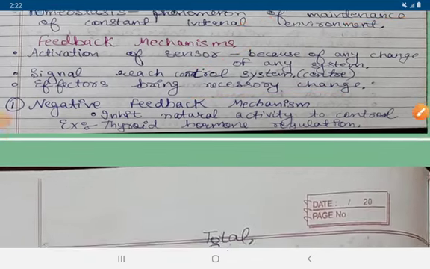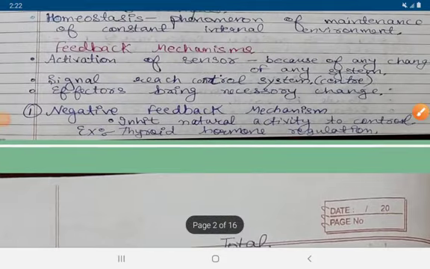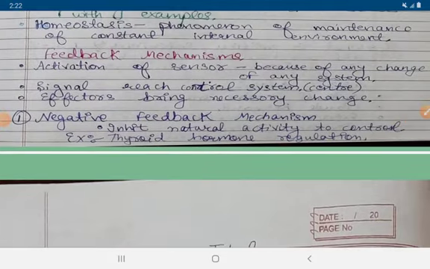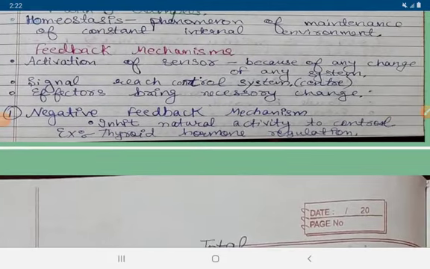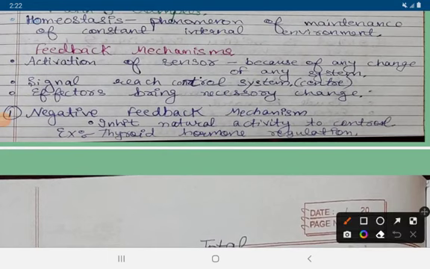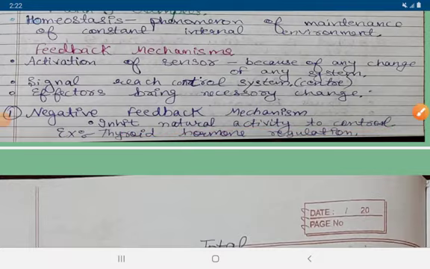Firstly, there is negative feedback mechanism. In negative feedback, a change in homeostasis causes inhibition of the natural activity to bring the change under control. An example is thyroid hormone regulation.